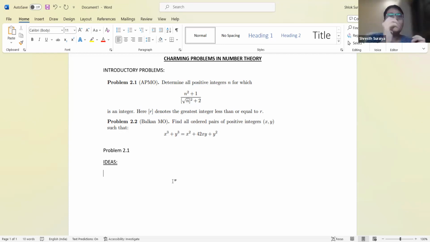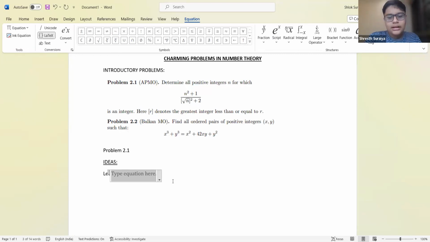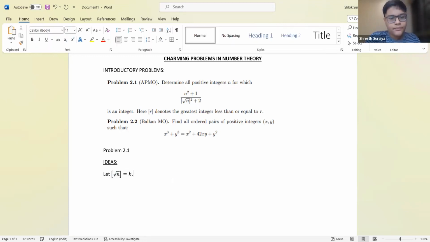So it is the largest integer that is smaller than or equal to the number itself. That is what the GIF is. So if I let GIF of square root of n be k, then k is less than square root of n, right?